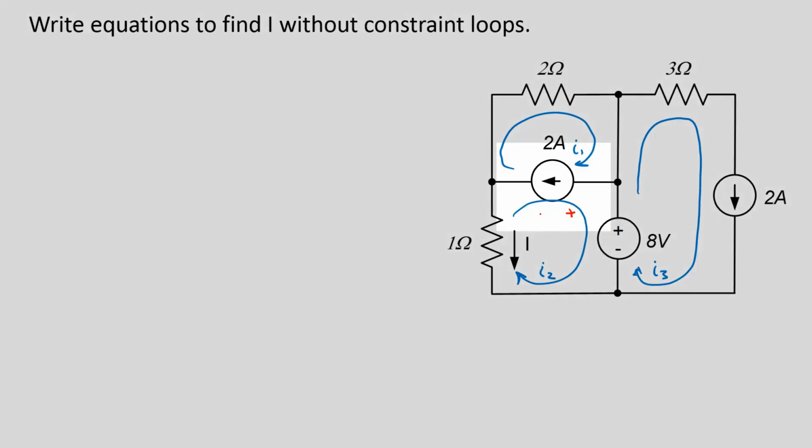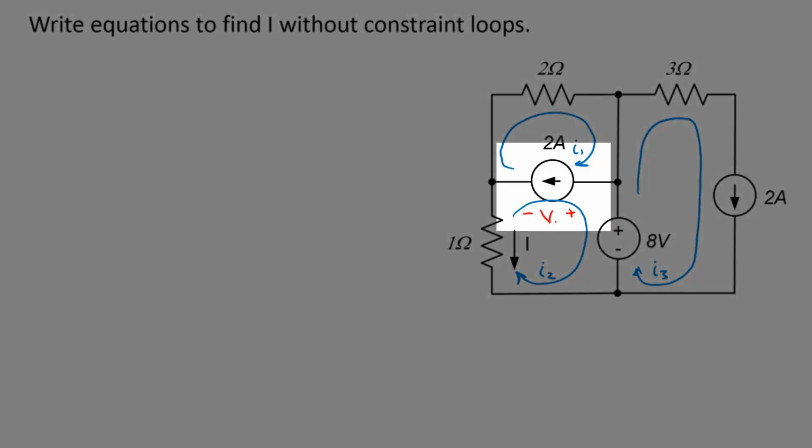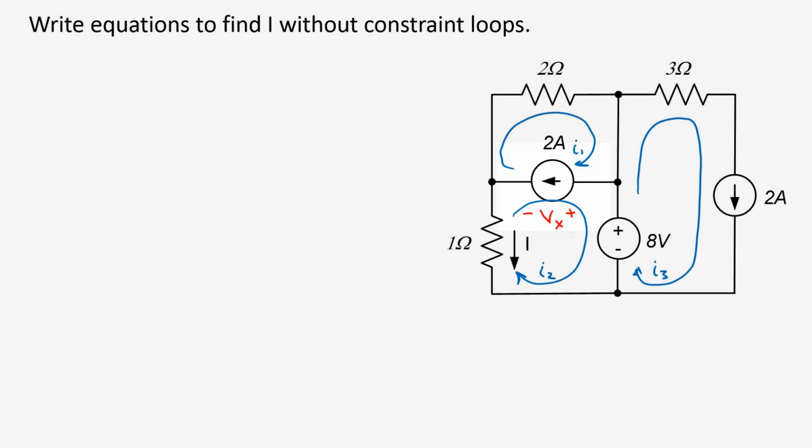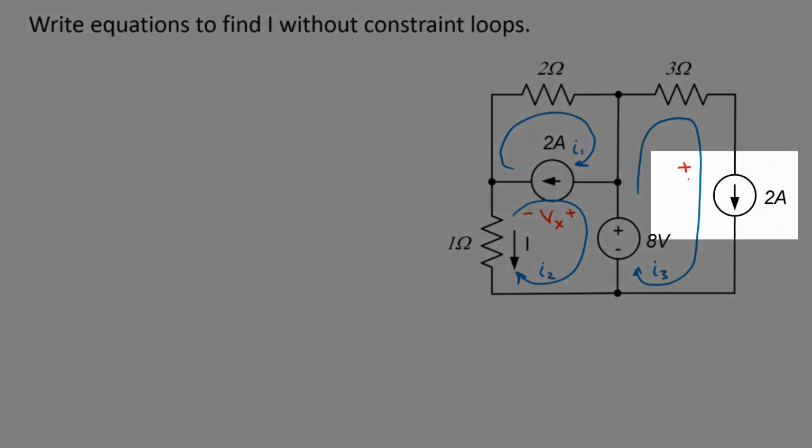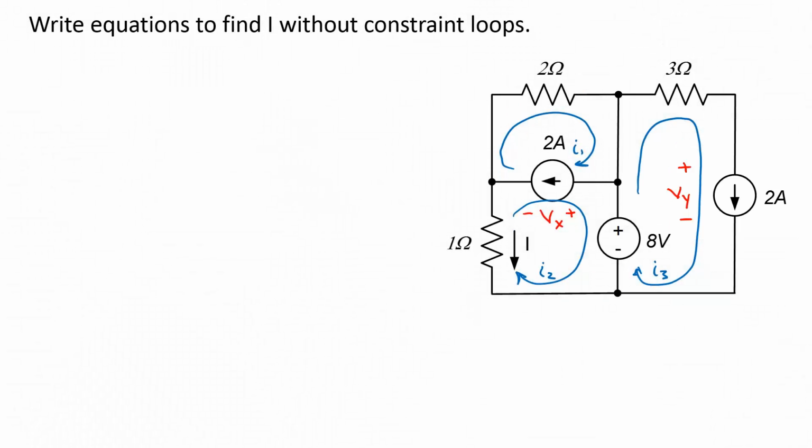I'll arbitrarily choose this as V sub x with an arbitrary sign convention across this 2 amp source. And I'll assume that this is a different voltage V sub y with that arbitrary polarity across this current source. Now I've got 5 unknowns, 3 mesh currents and 2 unknown voltages. I'll need to write 5 equations to solve for those. After I do that, I can write an equation for the current I.